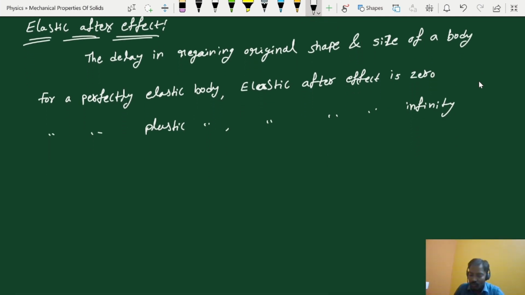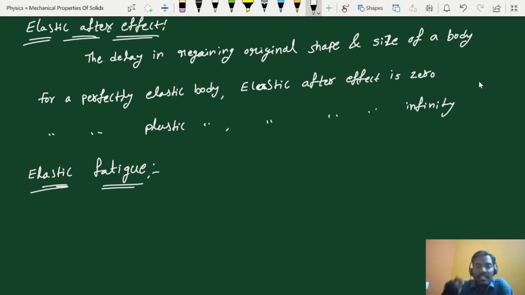And one more term you have to understand is elastic fatigue. Say a material is undergoing stress repeatedly, like stretching rubber many times. When it undergoes stress in a repeated manner, it loses its elastic nature. That particular phenomenon is known as elastic fatigue.